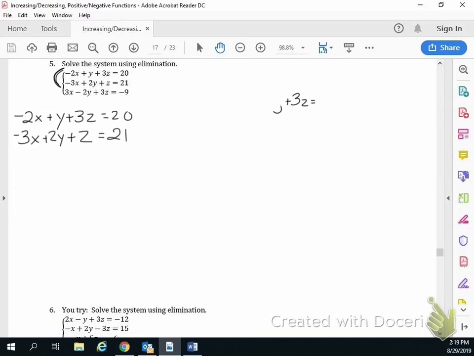That's the first equation again. Sorry, second and third equation. To give myself space to work. You'll see why I need the space there. So there's the second equation again, and then underneath that I'm going to write the third equation.